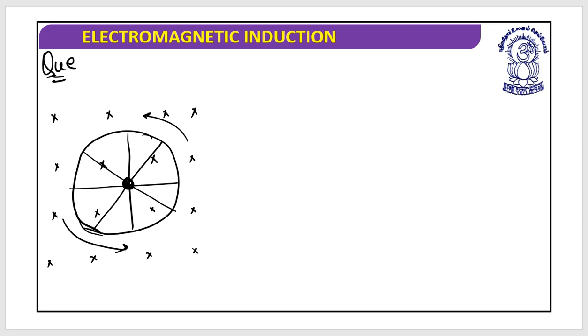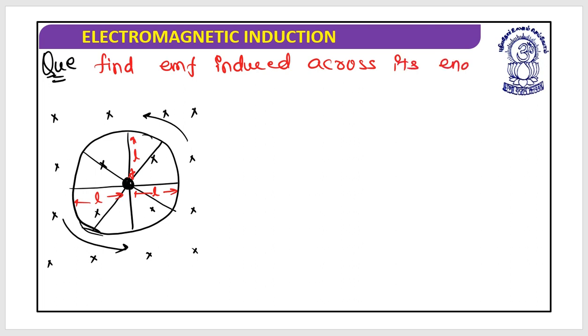Each spoke has a length of L, and they said to find the EMF induced across its ends. This is the requirement.